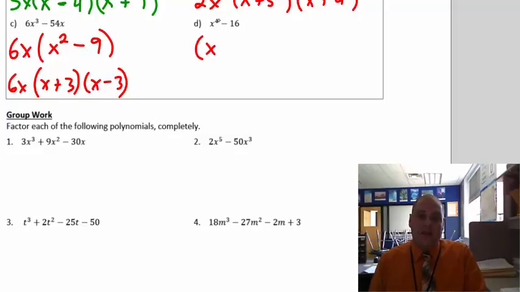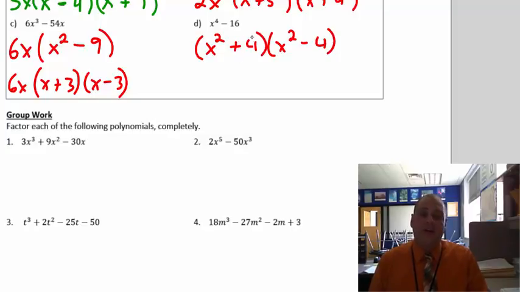And then how about here? Difference of squares, you need a conjugate pair again. x squared plus 4, x squared minus 4. Can x squared plus 4 be factored? No, it looks like it can, but it can't. A binomial cannot be factored if there's a plus in between. Binomials with a positive cannot be factored. Binomials with a minus can.